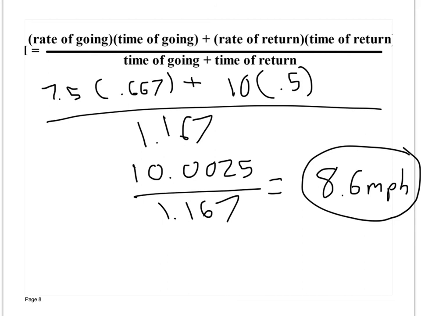They were going faster on the way home, but they didn't stay at that rate for as long, so that's why you don't get as much. And at 7.5, they went slower, but they traveled for longer, so that's weighted heavier. Any questions?